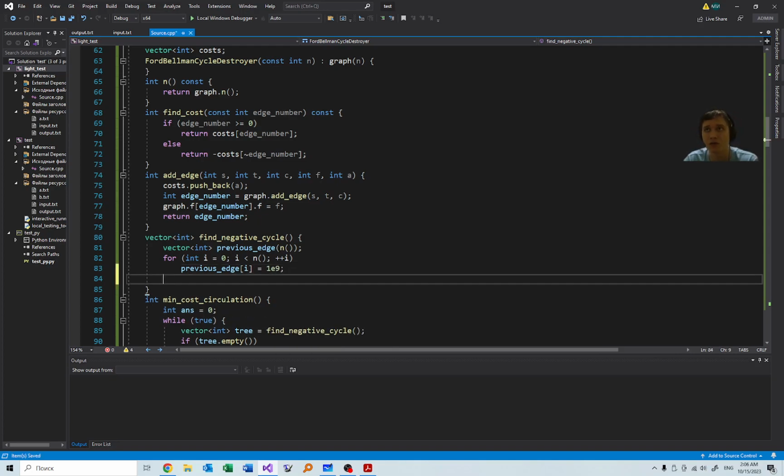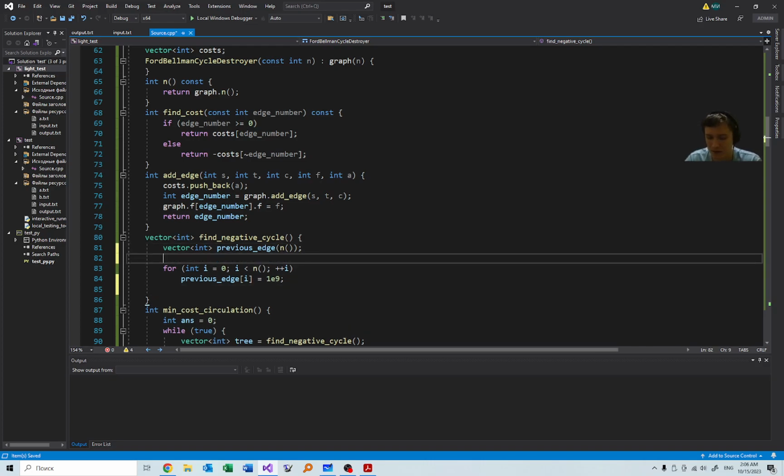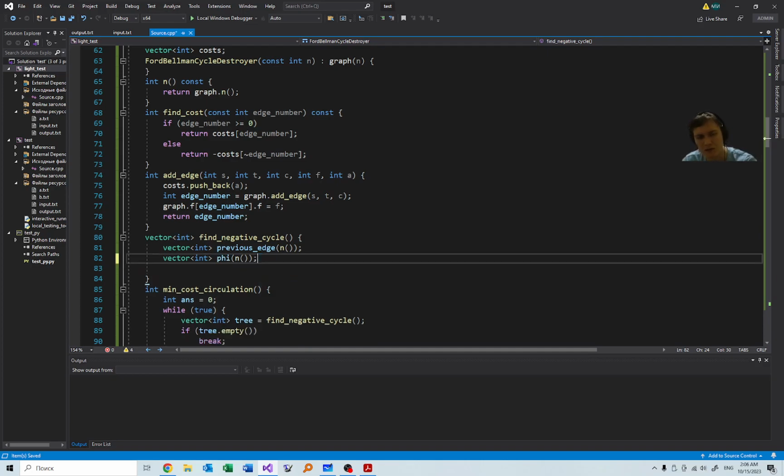Okay. Also, we need to store the potential, which is like phi. And it is 0 in the beginning. I think I can just store 0. It will be okay.